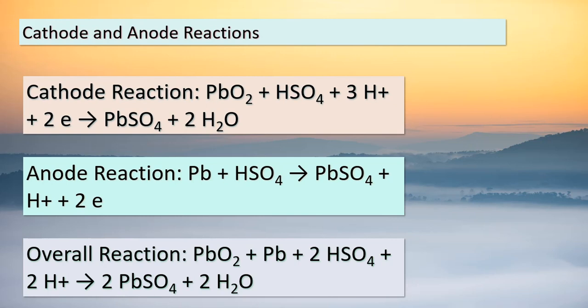Now, my dear students, when we merge these reactions, we unveil the grand equation that governs the battery's mesmerizing operation. So, let's remember, PbO2, HSO4-, H+ on one side, and Pb, HSO4-, protons, and electrons on the other, leading us to the captivating symphony of a lead-acid battery's chemistry. Keep up the fantastic work, and until next time, keep exploring the enchanting world of science.